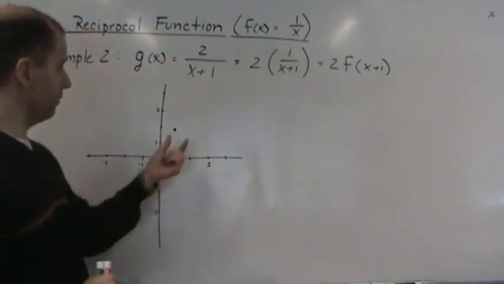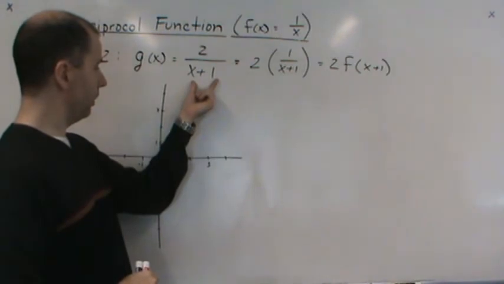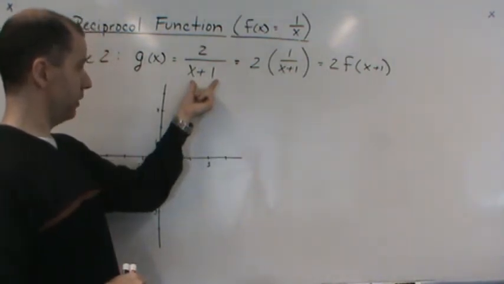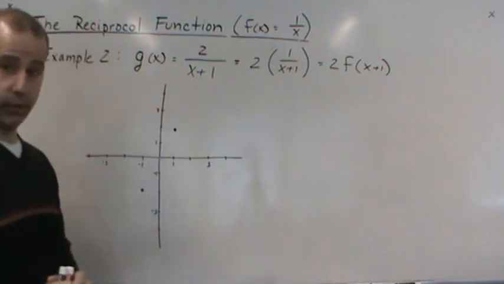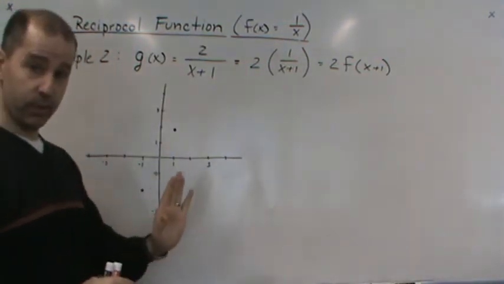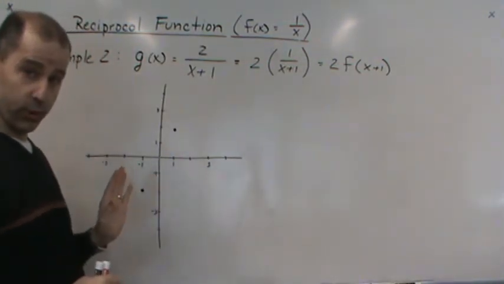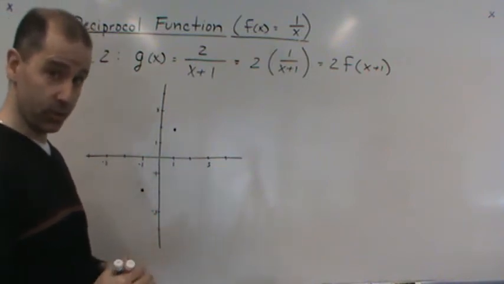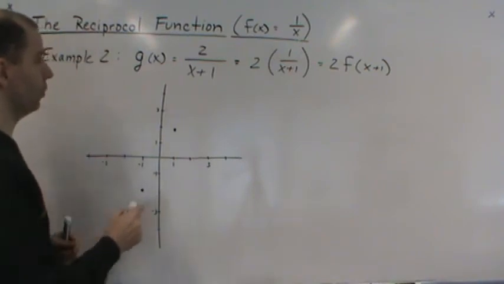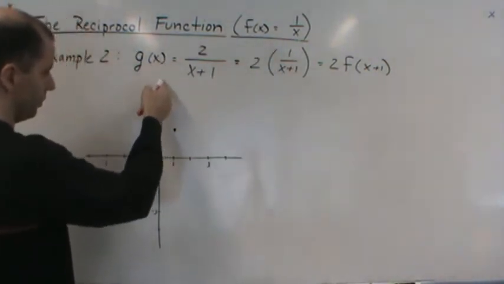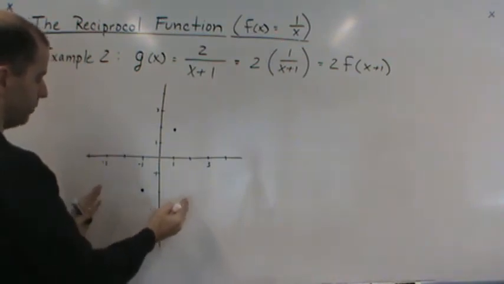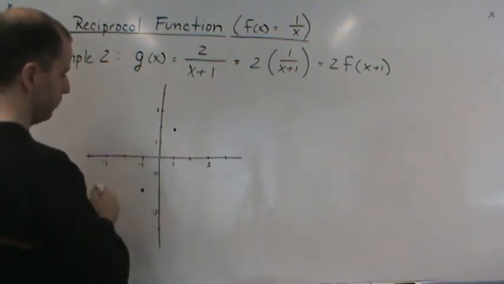Now, what about the shift? Well, we know that this is a horizontal shift to the left 1 unit. Now, everything is going to move 1 unit to the left, including the vertical asymptote. Right? So normally there's a vertical asymptote through what? X equals 0. Well, now that's going to move over along with these 2 points.